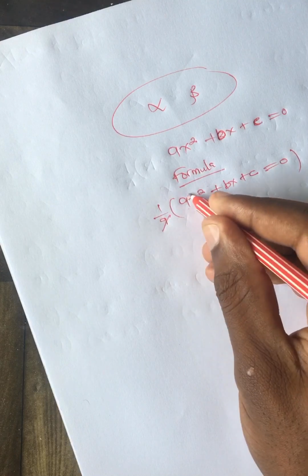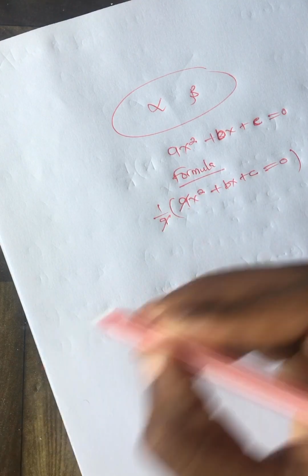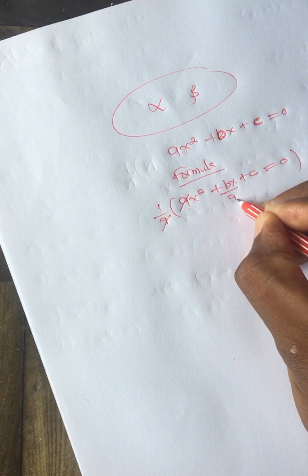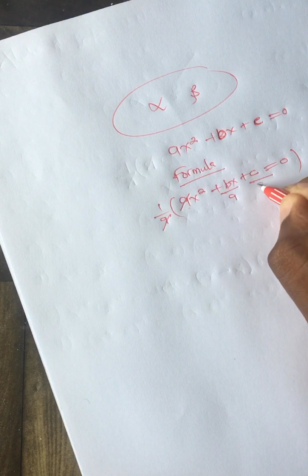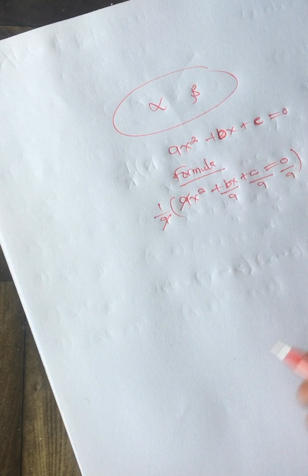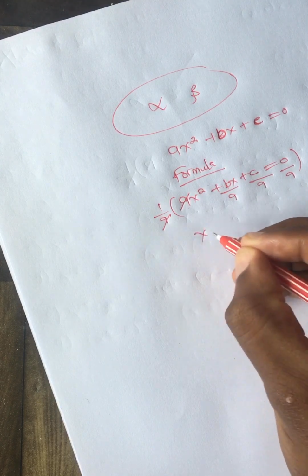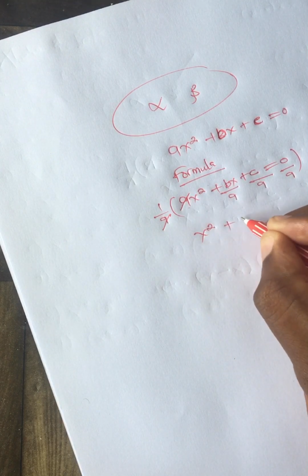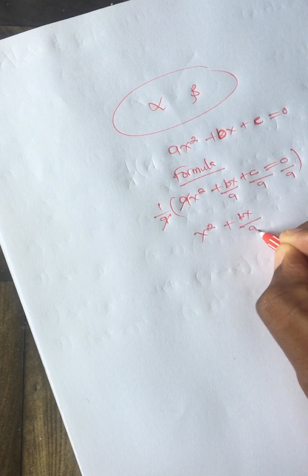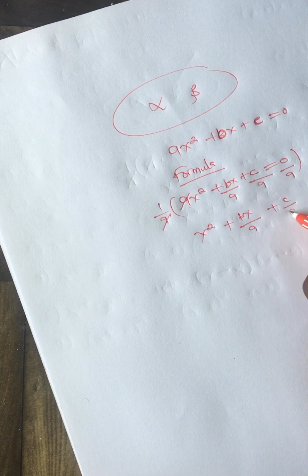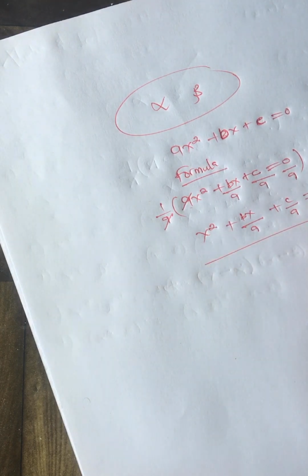This eliminates that a, leaving the denominator a in the other terms. So this will be x squared plus bx over a plus c over a, equal to a times 0, which is 0. So we can keep this.